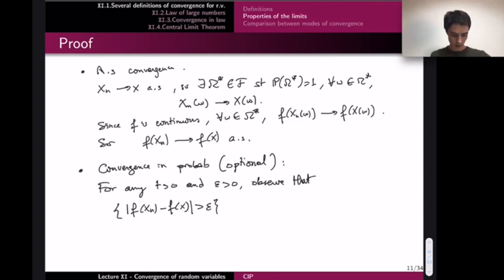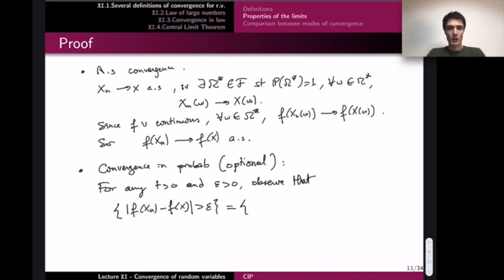So this I can write like this. What I want to use here is the uniform continuity. Uniform continuity will be much better to work with than continuity, but I am only assuming that f is continuous. Actually, if I want uniform continuity, I just need to work on a compact interval.